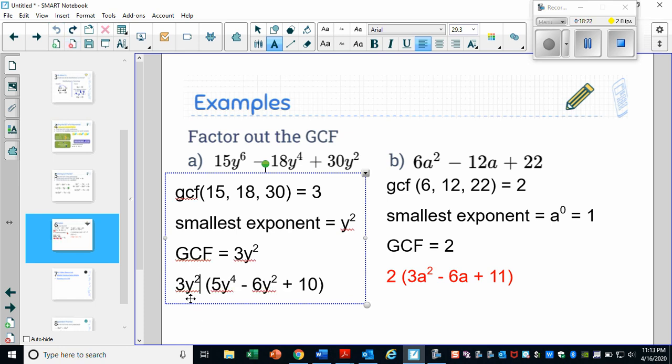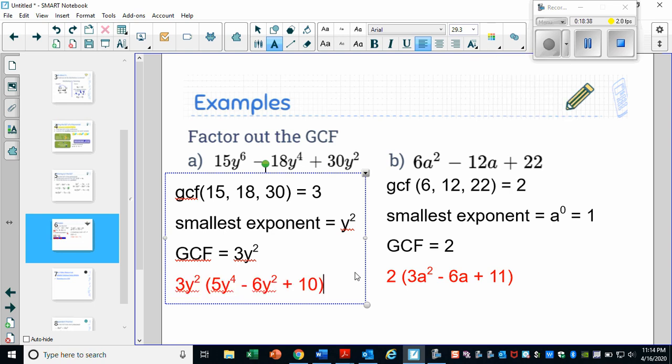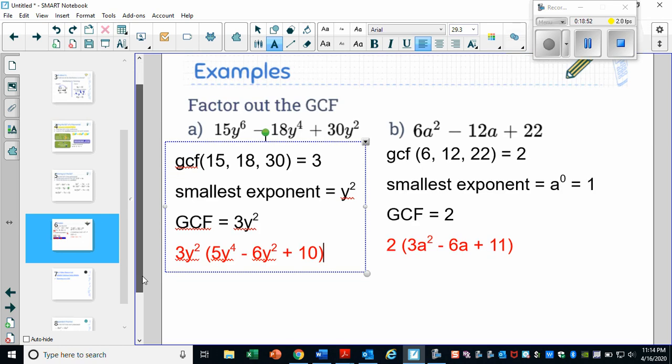There we go, a little better. So those would be our answers. The final result is in red. That represents the answers for factoring the GCF of each polynomial. Sorry about that delay. Thank you for your patience.